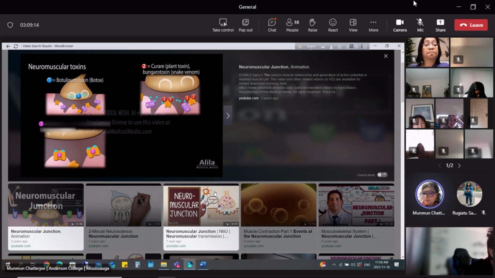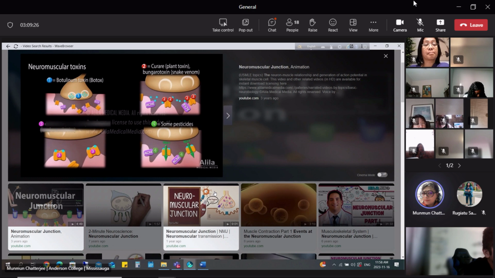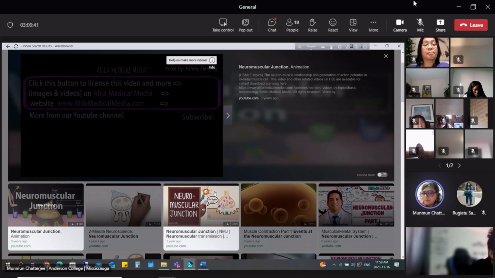Certain drugs lodge into the channel of the nicotinic receptor, blocking the passage of sodium. All these substances prevent activation of muscle cells and cause flaccid paralysis. On the other hand, some pesticides inhibit acetylcholinesterase, preventing degradation of acetylcholine, causing continuous activation of muscles. That's how they induce muscle spasms and cause spastic paralysis.